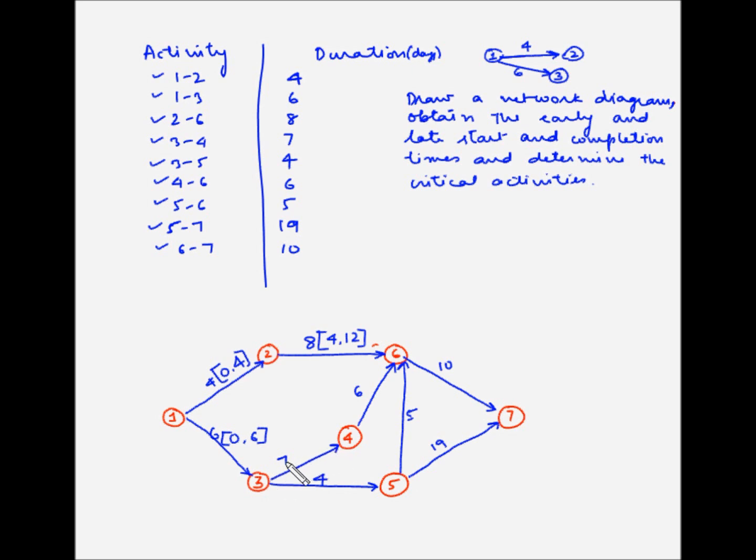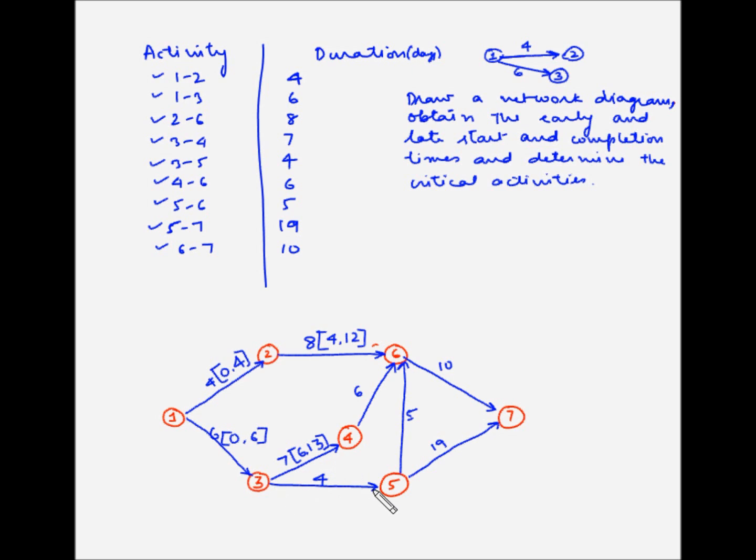Activity 3-4 can start only after 1-3 has finished and the earliest finish time for 1-3 is 6 days. So activity 3-4 can start on the 6th day and it takes 7 days to finish activity 3-4. So 6 plus 7, which is 13, is the earliest finish time.